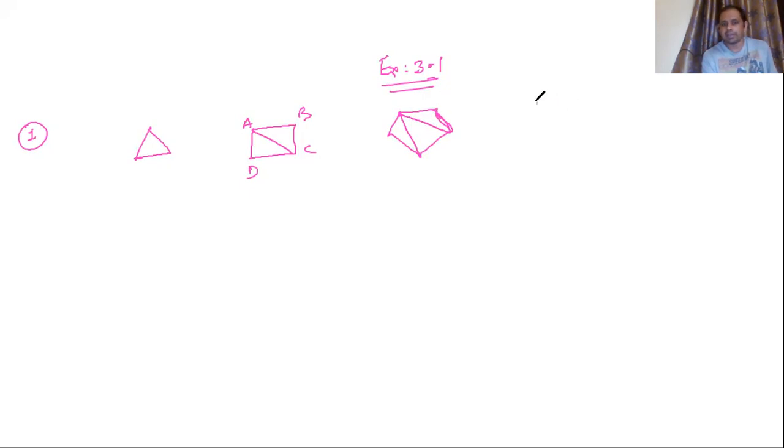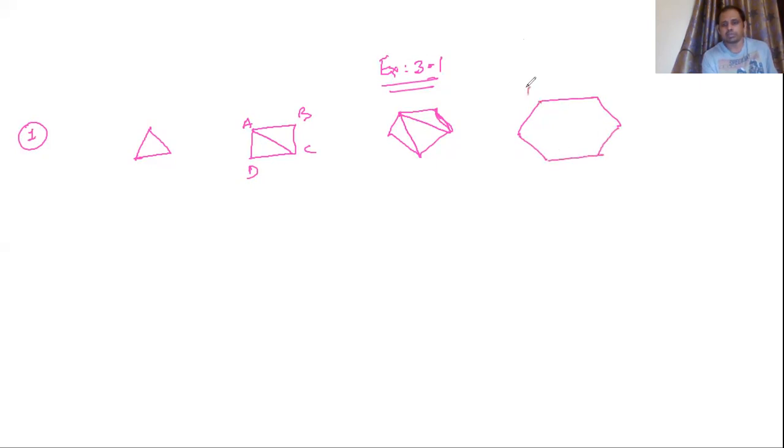Similarly, if we have a hexagon, how will it look? 1, 2, 3, 4, 5. Wait. If we draw a hexagon, then it will be like 1, 2, 3, 4, 5, 6.